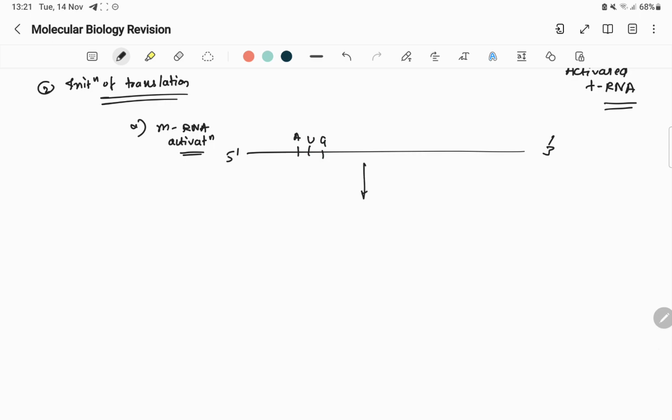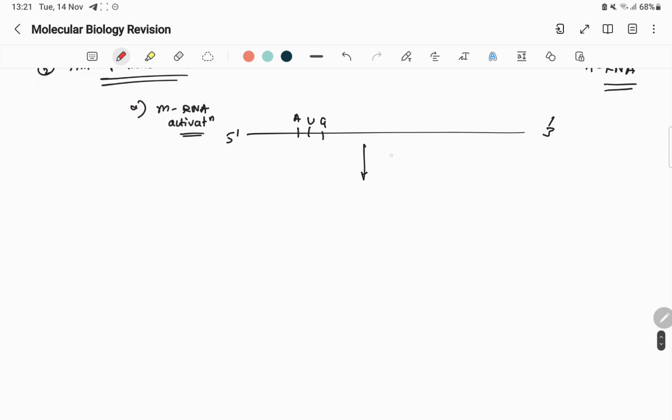So there will be a factor called 4F. 4F is a combination of 4G plus 4A plus 4E factors. This 4A will remove the secondary structure of RNA, and 4E will help in recognition of the cap. It will help in the cap recognition.